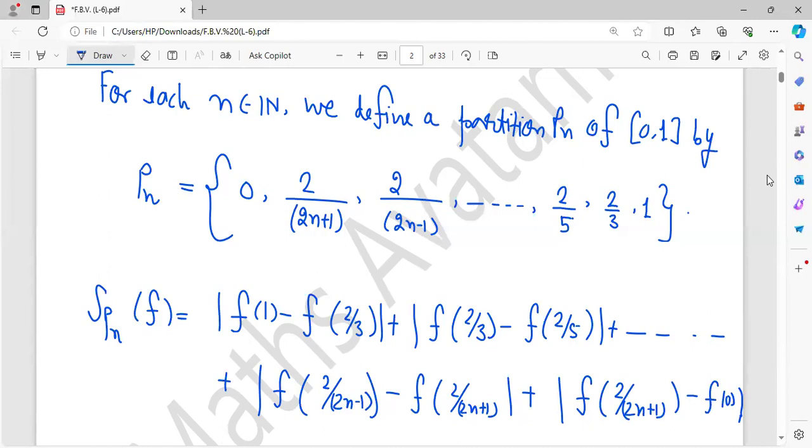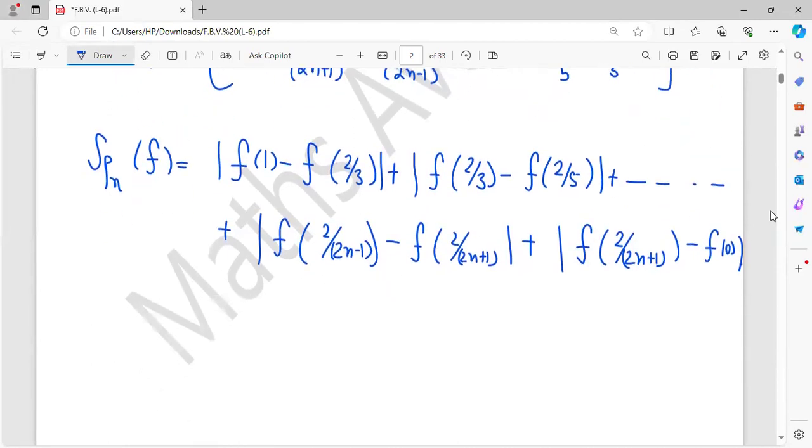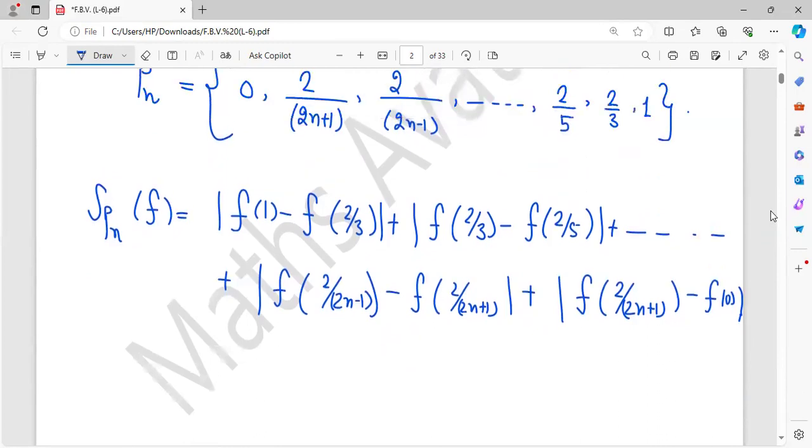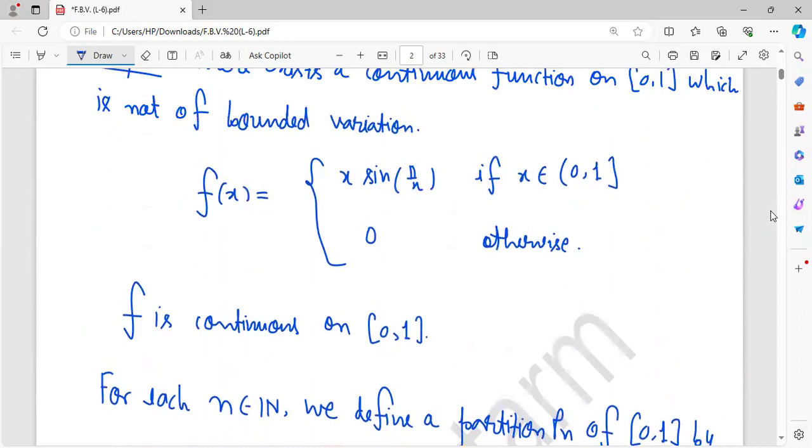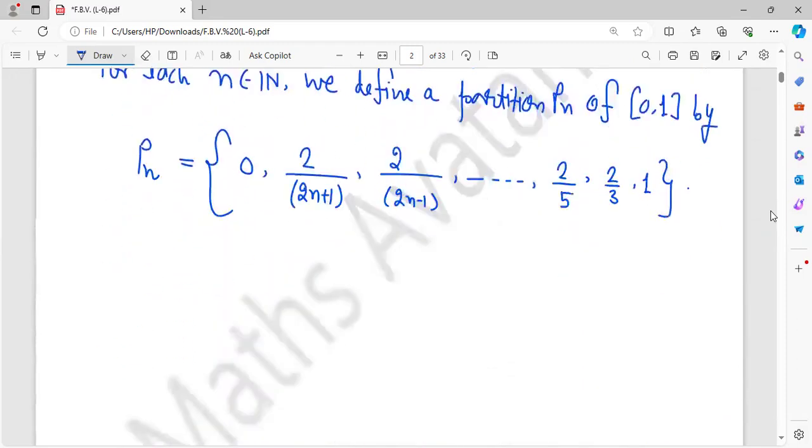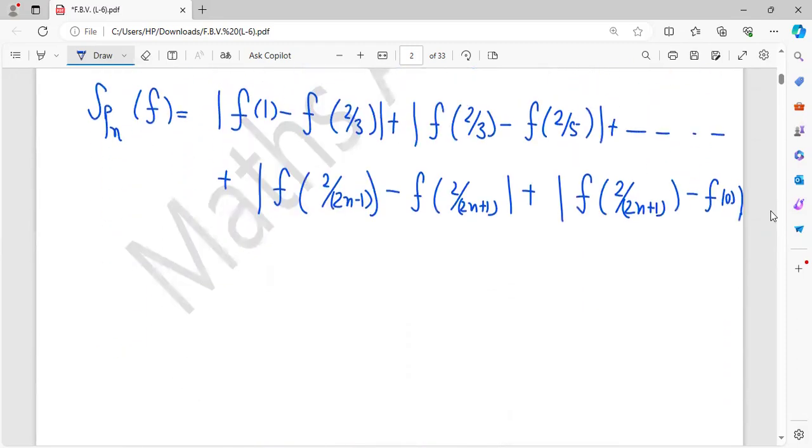You know that f(1) is 0 because sin(pi) is 0. If x is not 0, we take the function x sin(pi/x), so at x equal to 1 it is nothing but 0. If I put 2/3, it will be 2/3 into sin(3 pi/2), and sin(3 pi/2) is minus 1.